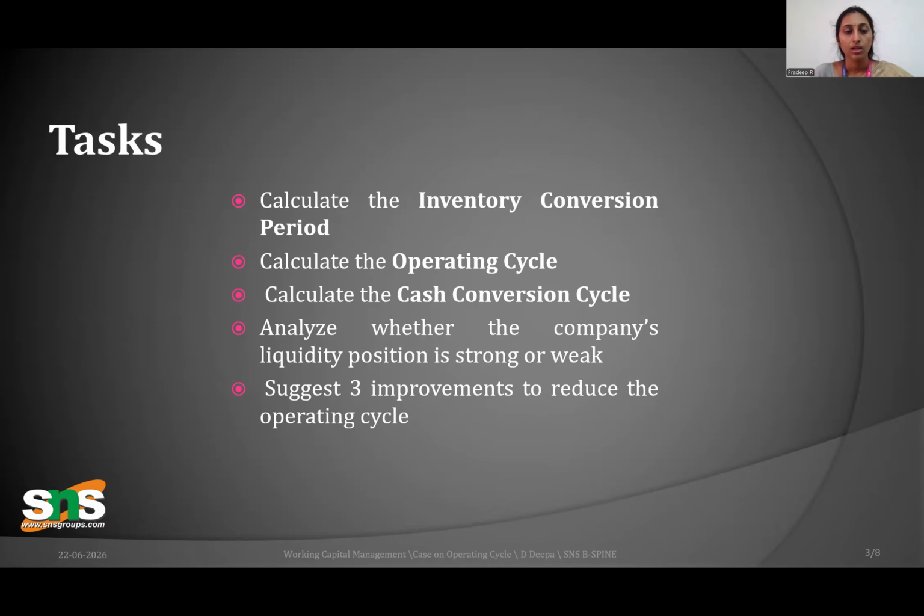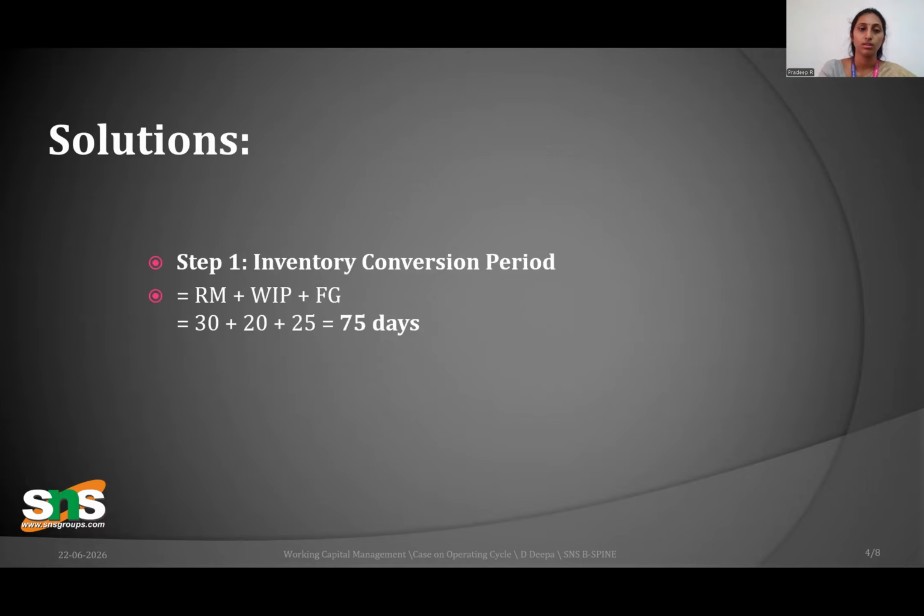Then analyze whether the company's liquidity position is stronger or weaker. And the last one is to suggest three improvements to reduce the operating cycle. This is the entire case with the financial data, and we need to solve all the case questions. First one, inventory conversion period.